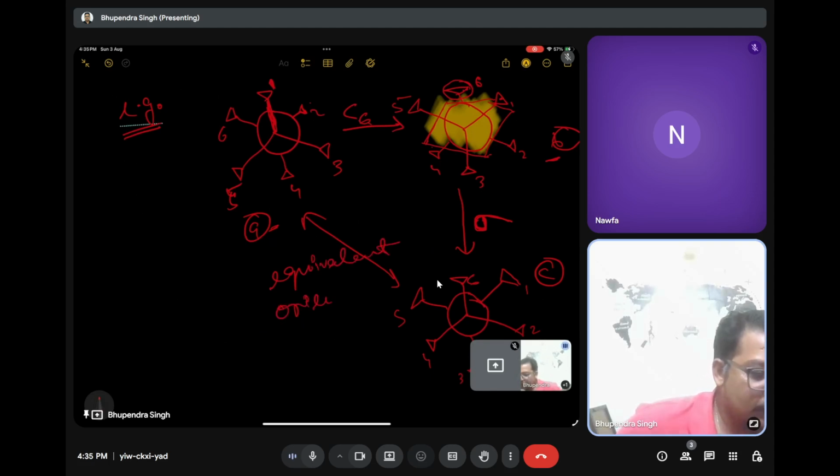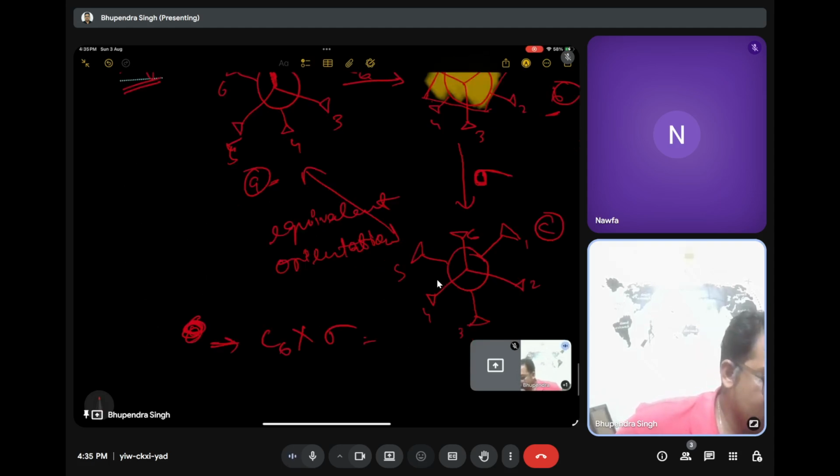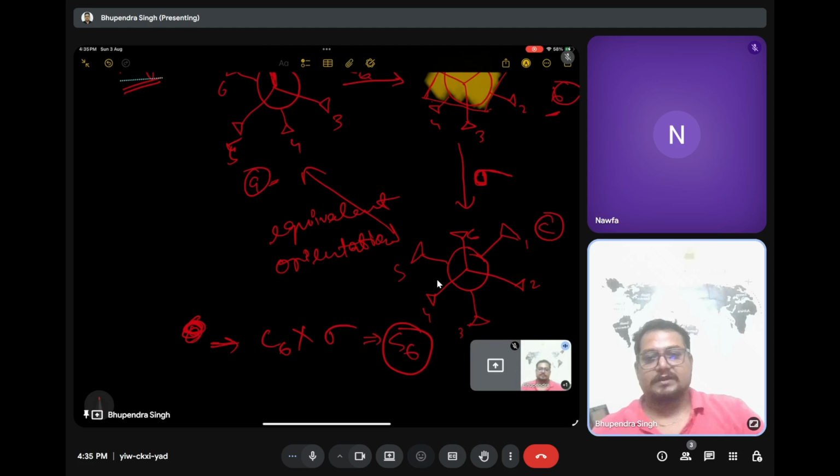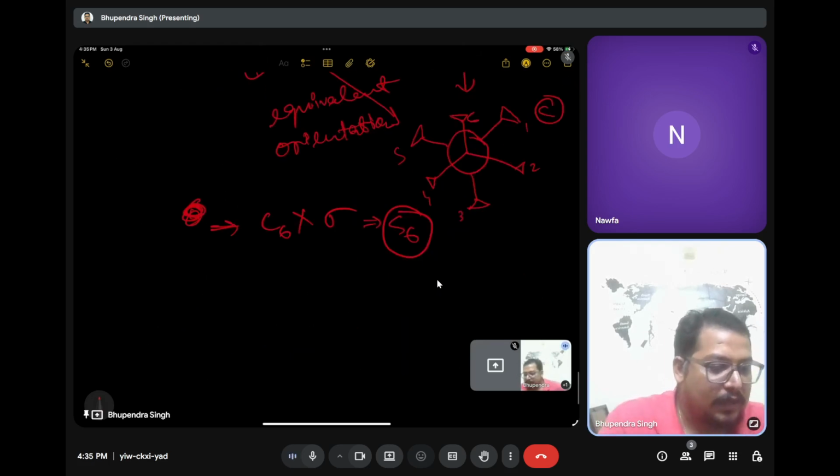Equivalent orientation of the molecule. This is how it works. So after applying C6 and a plane of symmetry, you reach the S6. This is your improper axis of symmetry.